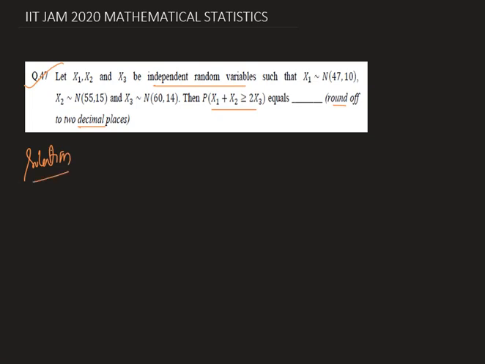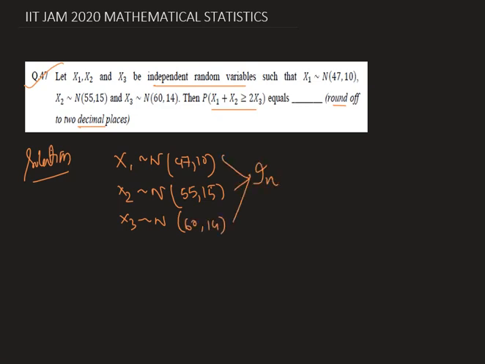So here x1 is normal 47 comma 10, x2 is normal 55 comma 15, and x3 is normal 60 comma 14, and they are independent.